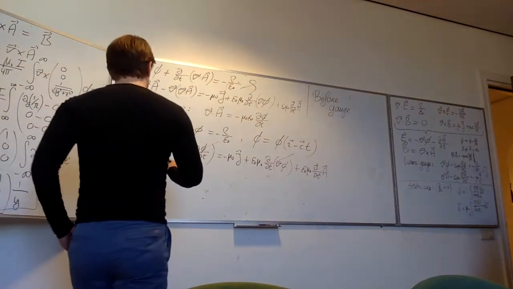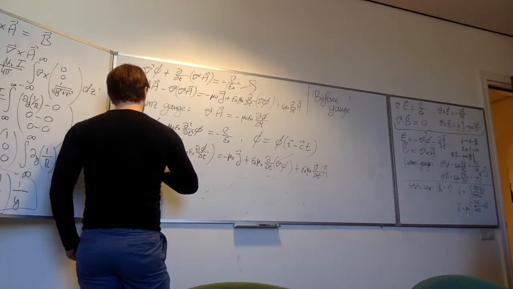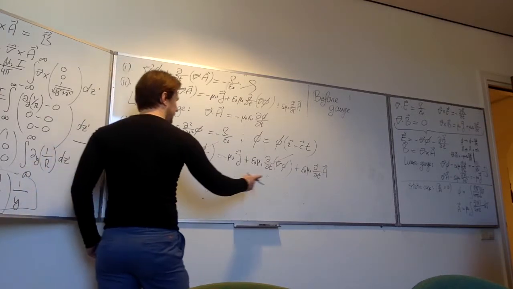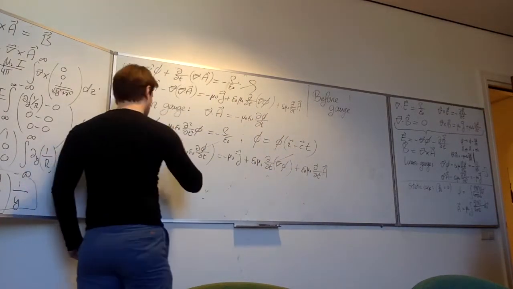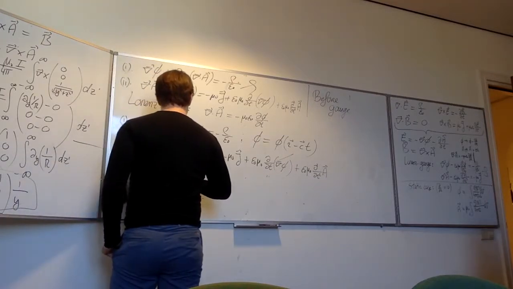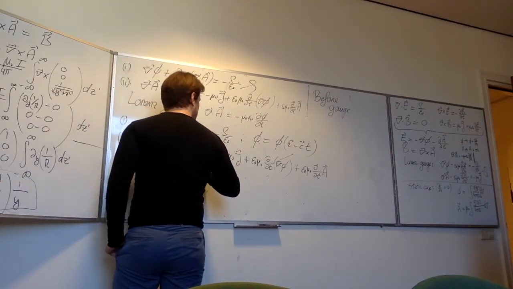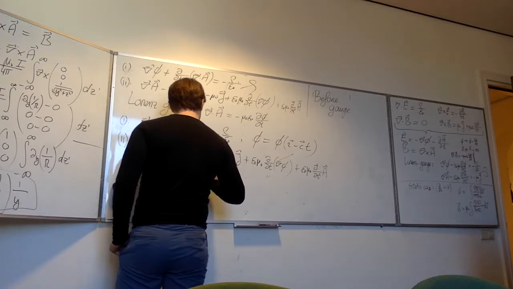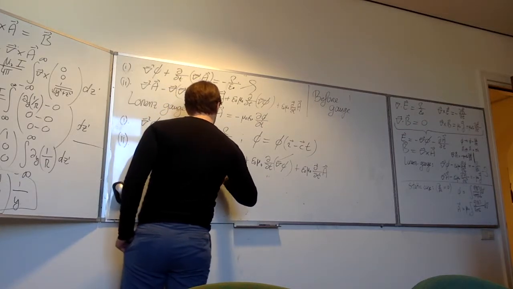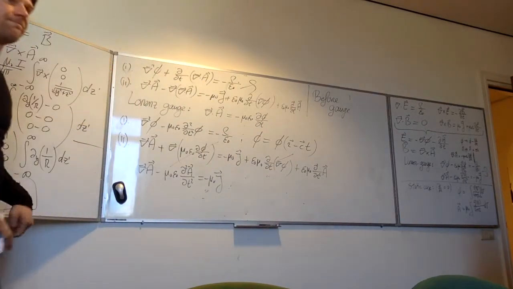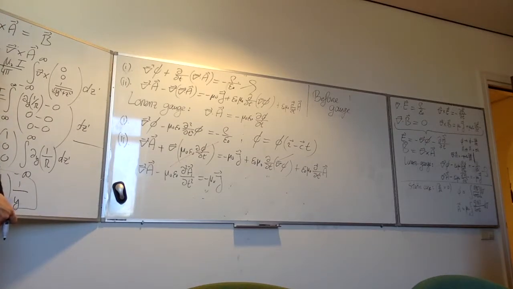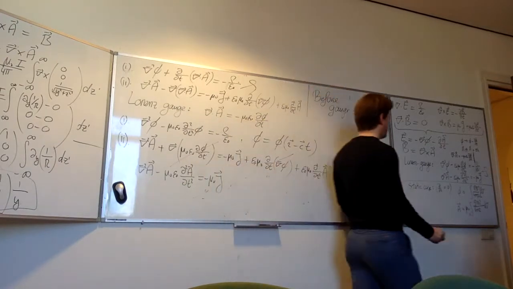Okay, so what remains is Laplacian of the A field, this I will take to the other side, minus second derivative. Look at this. There you are. And that proves this one.